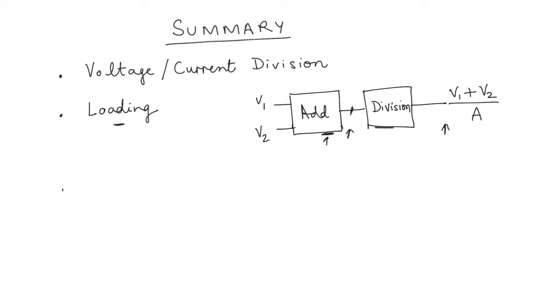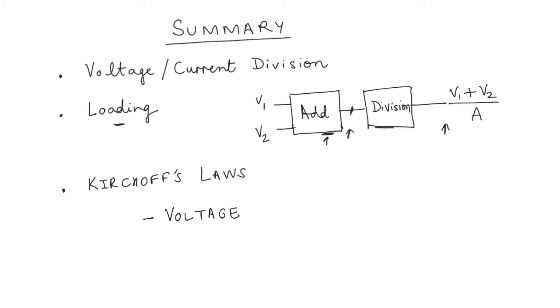But we also looked at some laws along the way, and I think the main ones were Kirchhoff's laws. Kirchhoff's laws are very important when we look at different electronic circuits, and we looked at something called the voltage law, Kirchhoff's voltage law.